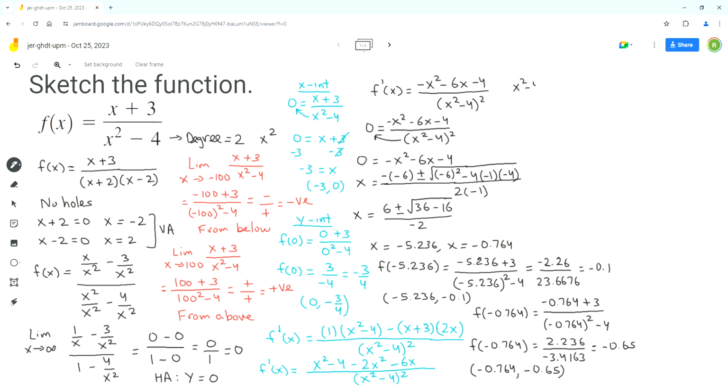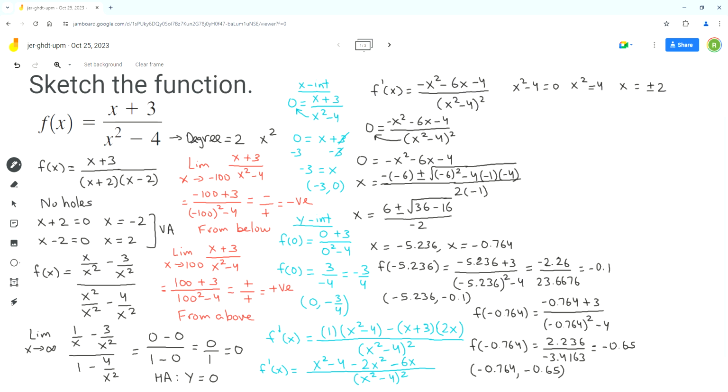So we should set it equal to 0 and solve for x. So we got x equals plus minus 2, which are also the vertical asymptotes. So these are the two critical numbers at which the derivative is undefined.